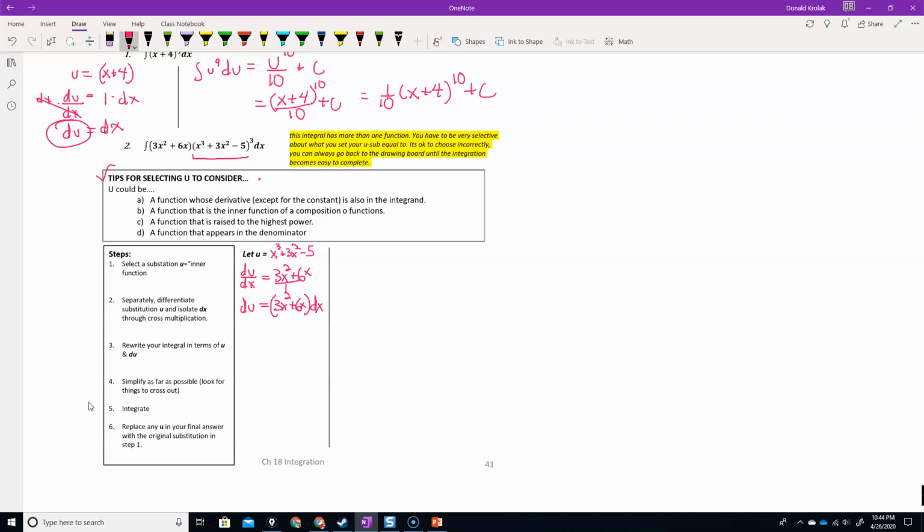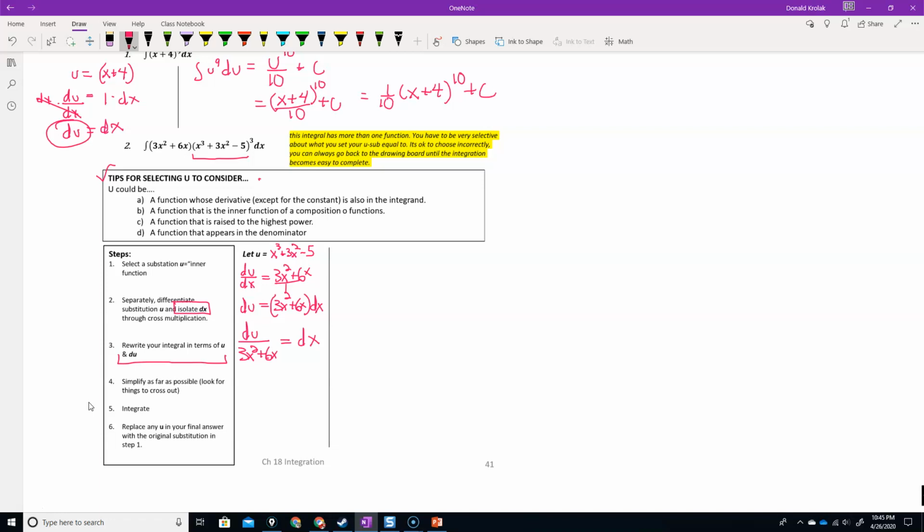Now to solve that for dx, I'm going to divide by that amount. The point here is I wanted to isolate dx. It wasn't a big deal up here because they were the same. Now I'm going to rewrite my integral in terms of u and du.